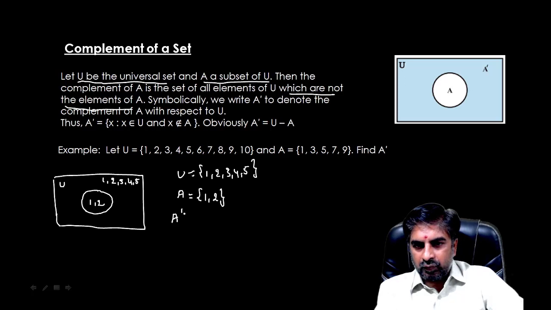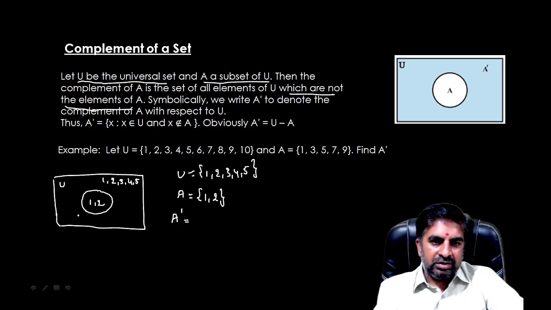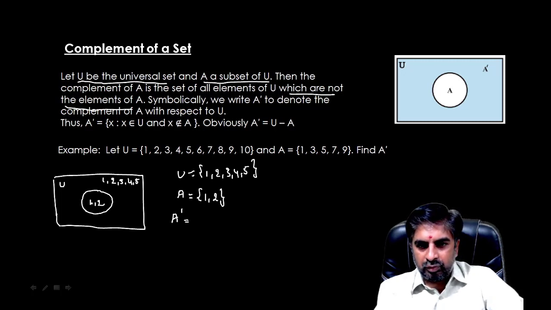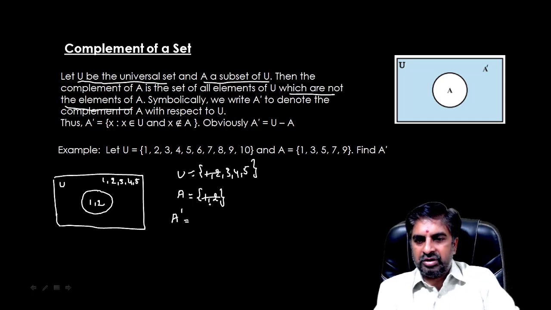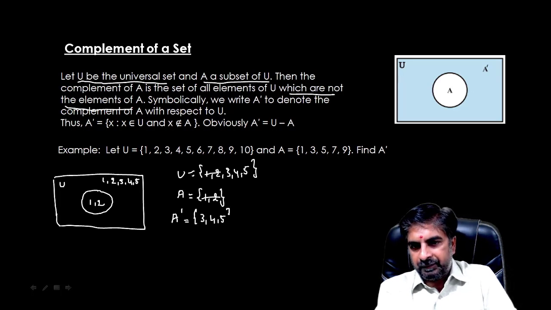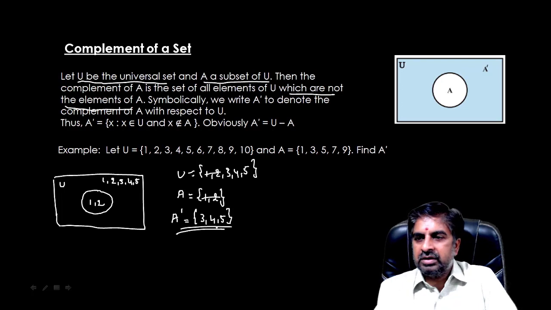A dash will be the remaining terms in the universal set, other than A. You can see 1 and 2 are already in A, so we just remove them. So A dash, or the complement of A, will be 3, 4, 5.